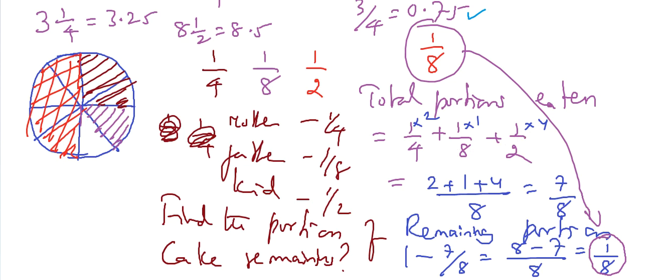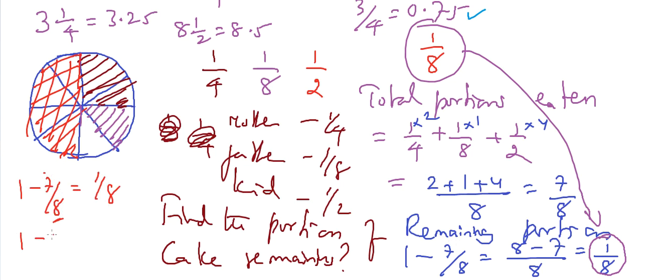So actually subtracting from 1 is easy. For example, here we saw 1 minus 7 by 8. So what do you do? You simply take the denominator minus the numerator. So 8 minus 7, so 1 by 8.